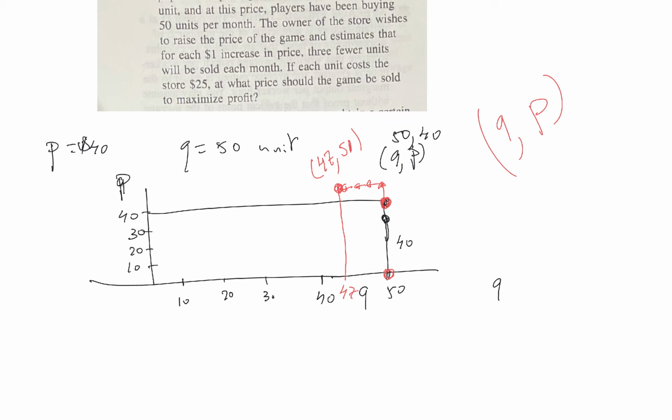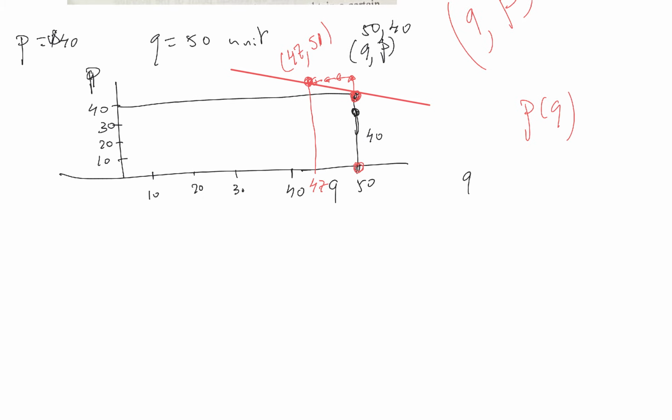So let's find P of Q. P of Q is this rectilinear line. How will we find it? Well, this line is found by applying our equation for a rectilinear line.